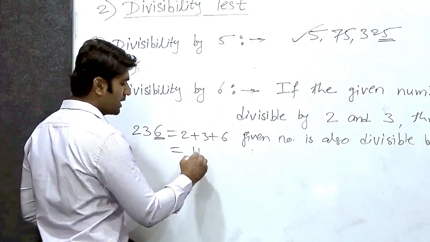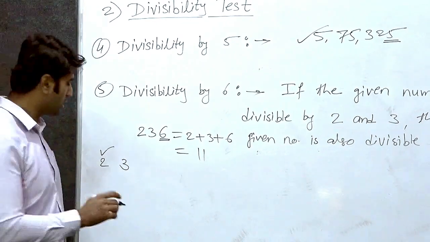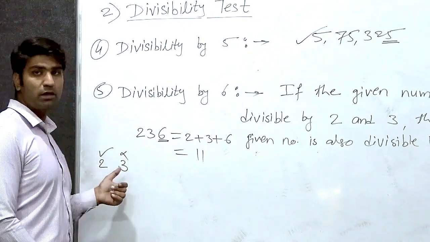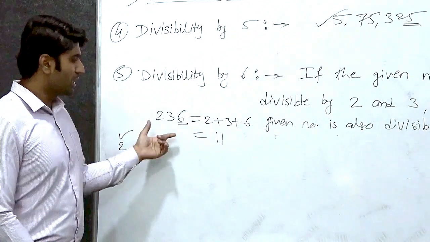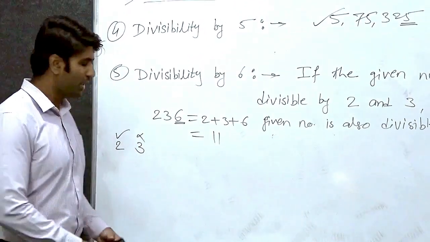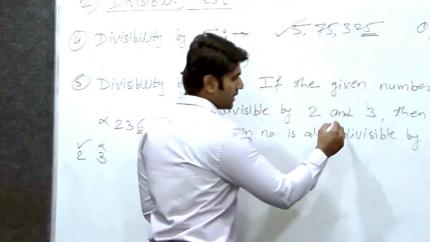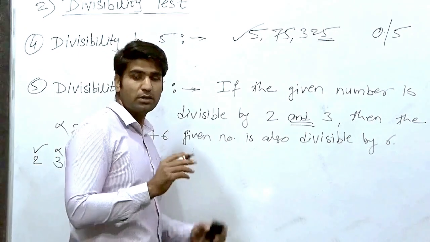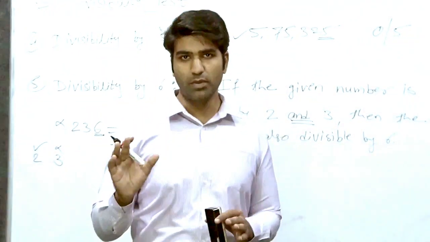So 5 plus 6 is 11, and 11 is not divisible by 3. So the given number is divisible by 2 but not divisible by 3. In such cases, we cannot say that the given number is divisible by 6. So it is not divisible by 6. Here it is AND: 2 and 3. The number must be divisible by both 2 and 3.